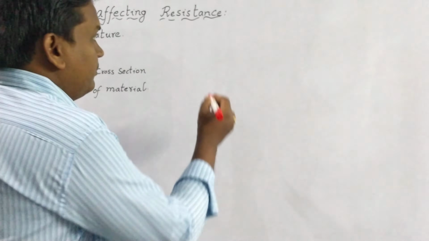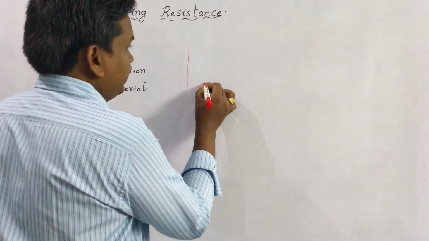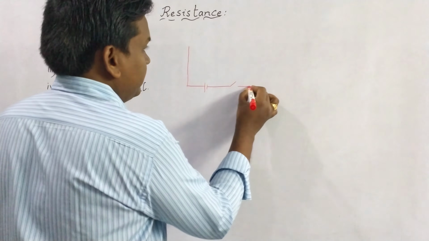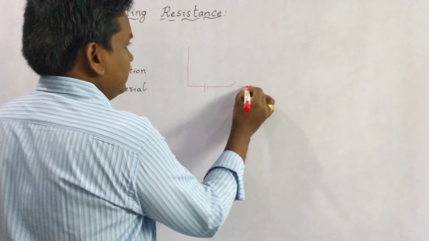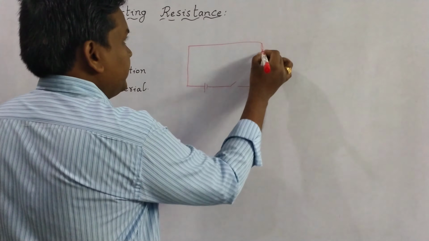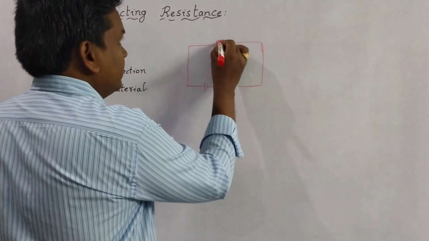For that, first we will consider a simple circuit having a cell, a switch, and a bulb.